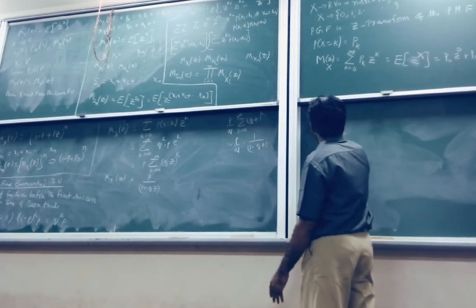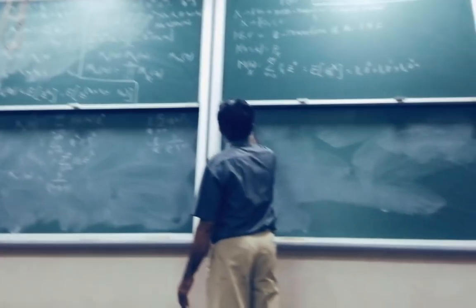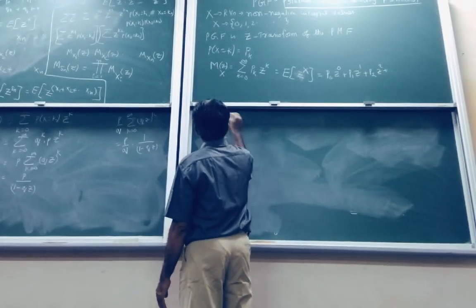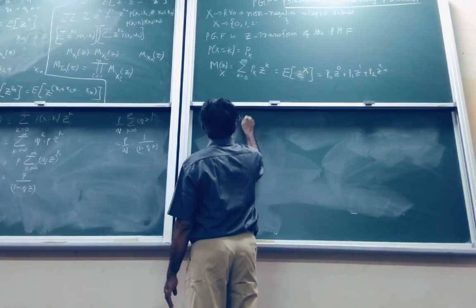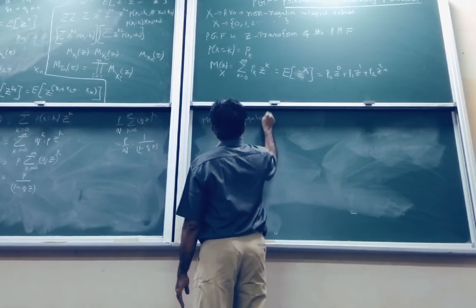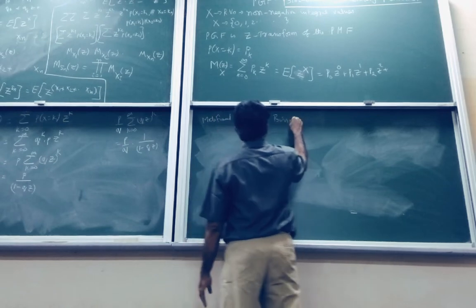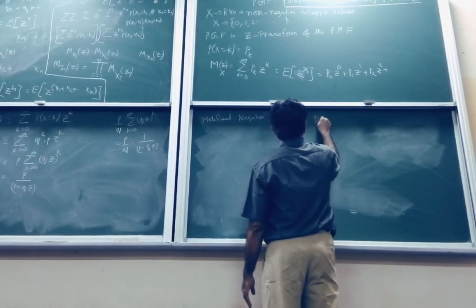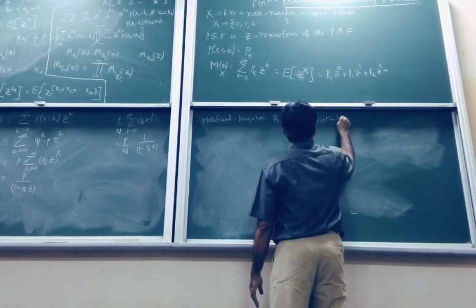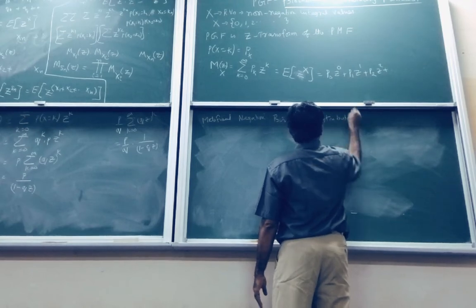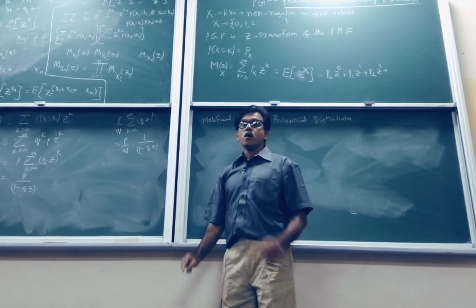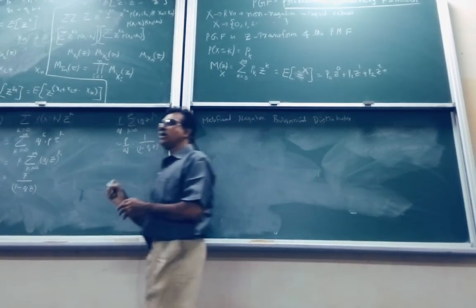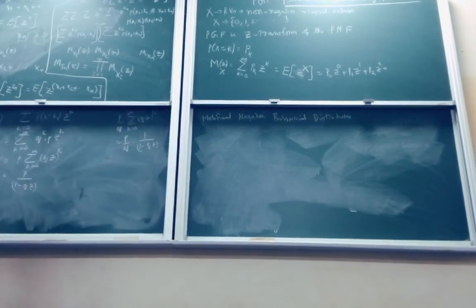Now we will look at the next one, the modified negative binomial distribution. What is the negative binomial distribution? That is the number of trials you have to conduct to get the kth success.